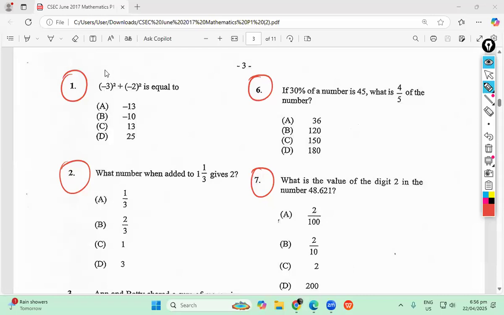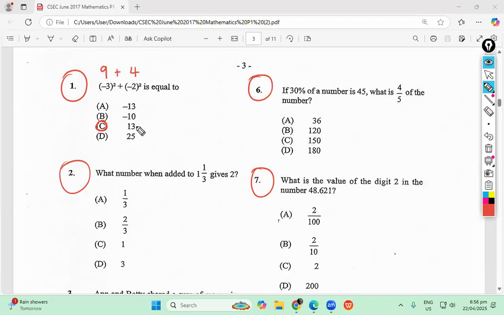Minus 3 squared is positive 9. I'm really sure about that. And minus 2 squared is positive 4. So it's just 9 plus 4, which is 13. Right? So like I said, 1 or 2 people did get it wrong, but that is okay. Now that you know when you square anything in the world, it's supposed to be a positive value.